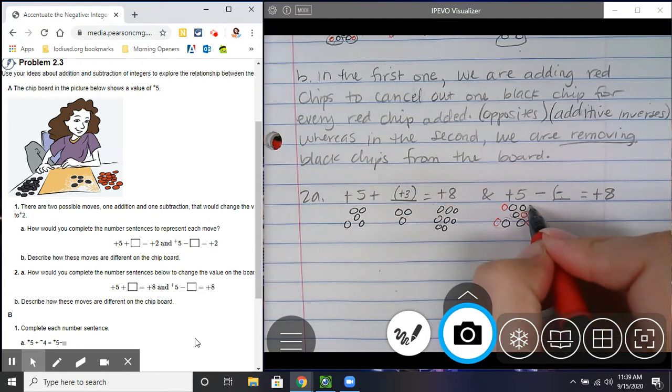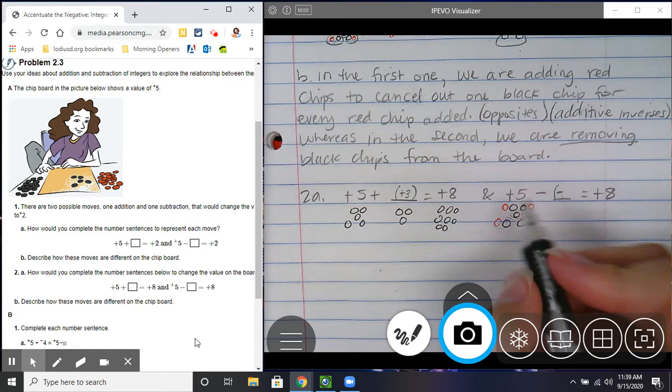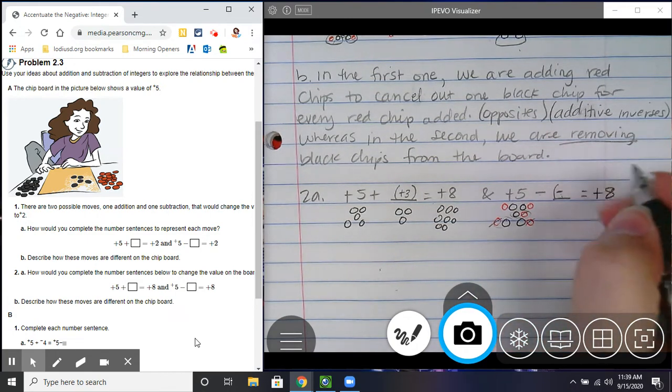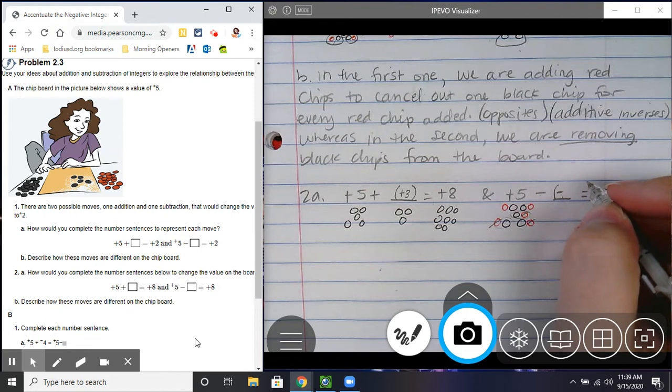If each one has its own red chip, and then we were to cancel out 3 of them visually, does that, I don't know if that makes sense still, like at all. Probably not.